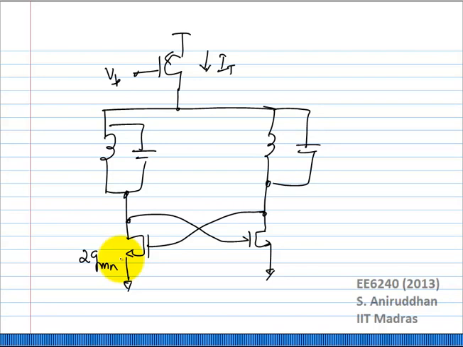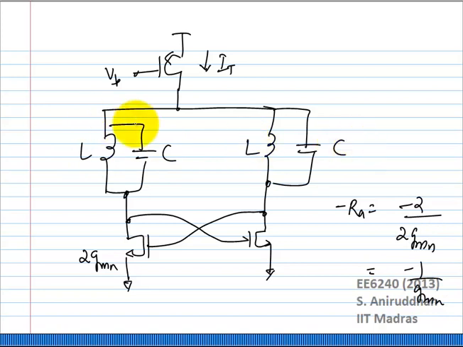Correct? What is minus RA? Minus 2 over GMN is minus 1 over GMN. LC, LC. Same current consumption. What is CP? 4 times.